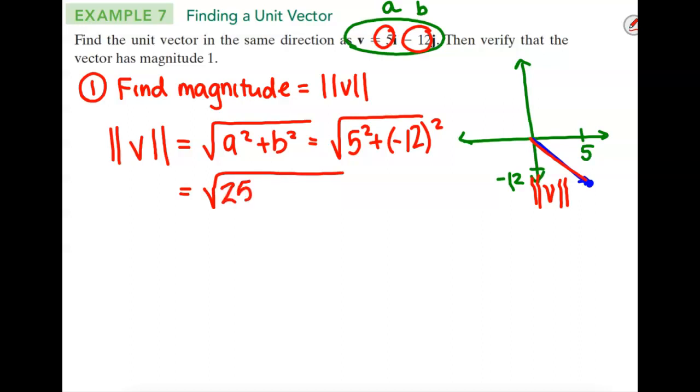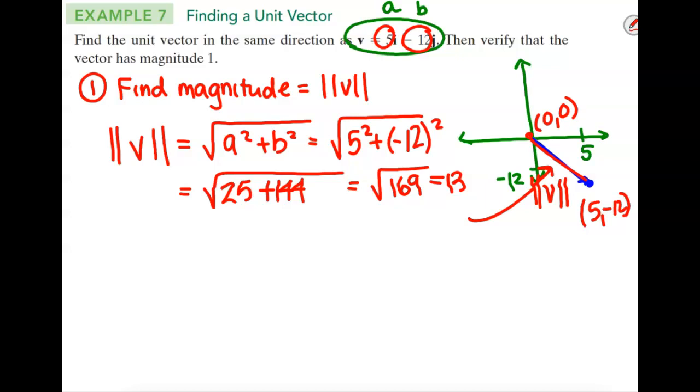Negative 12 times negative 12 is 144. Add 25 plus 144 is the square root of 169. And then simplify it, and you get 13. So what we found is the length of that vector, starting at the origin and finishing at 5, negative 12.